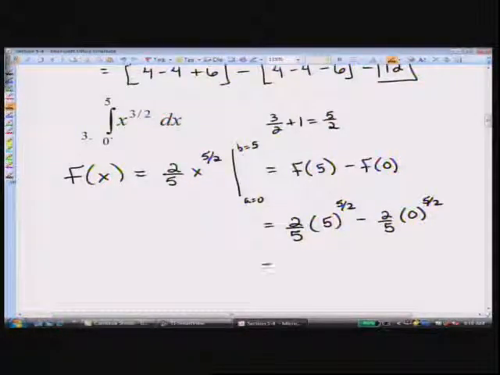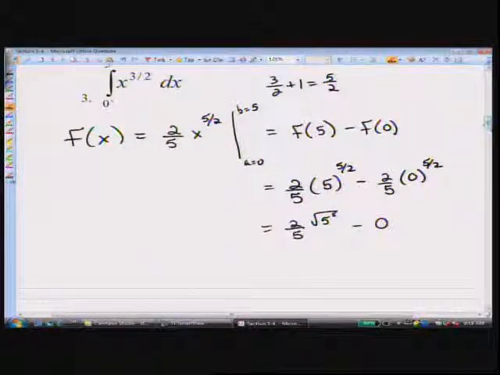Okay? And 2/5 of 5 to the 5 halves means the square root of 5 to the 5th, right? Which means there's 5 5s under here. And a square root is a 2-for-1 deal. Are y'all right?